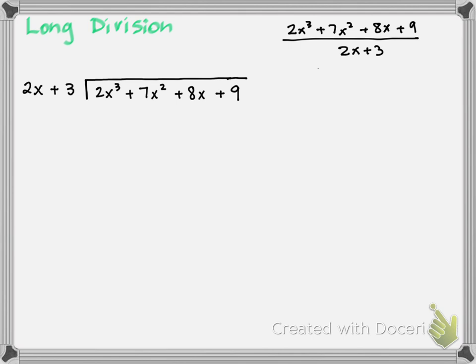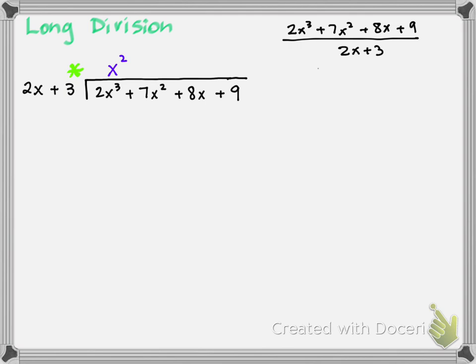Similarly to what we just did, you're going to ask yourself, how many times does 2x go into 2x cubed? Well, if you think about it, we're going to take the outsides and still multiply. So I'm going to put my multiplication symbol out here and get my red pen ready. But 2x can go into 2x cubed x squared number of times.